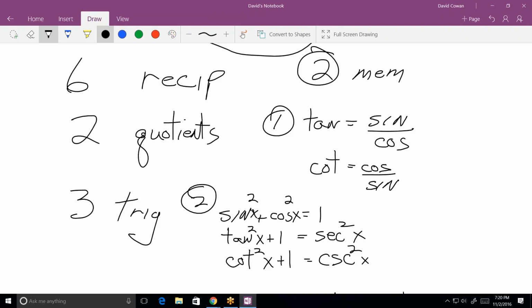They're going to teach them to you, and then they're going to make you verify trig identities for about 2 weeks so that you'll learn them. It's the best way to learn them is to go through trig identities. And the only purpose of verifying trig identities is to learn these 11 identities.